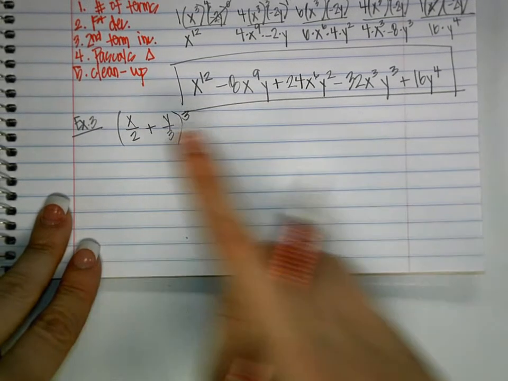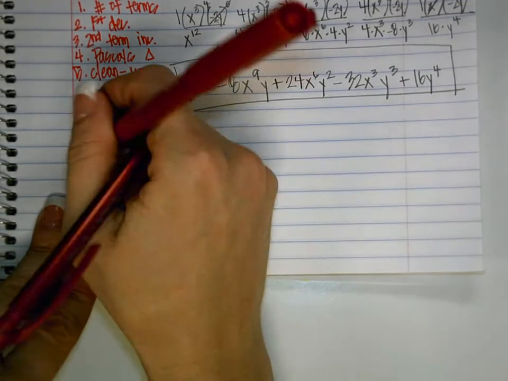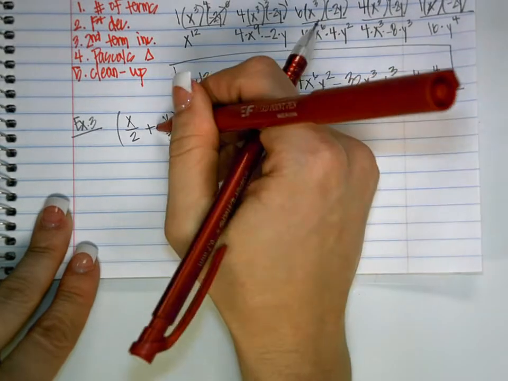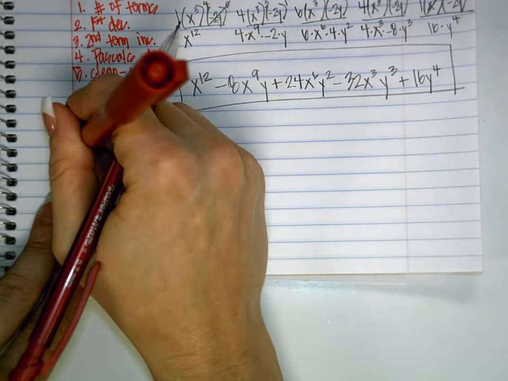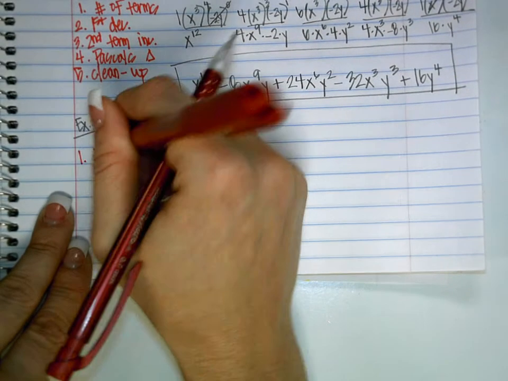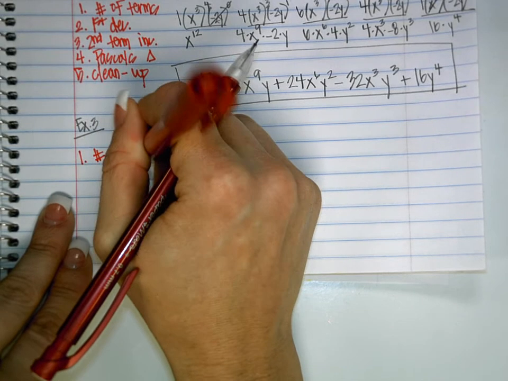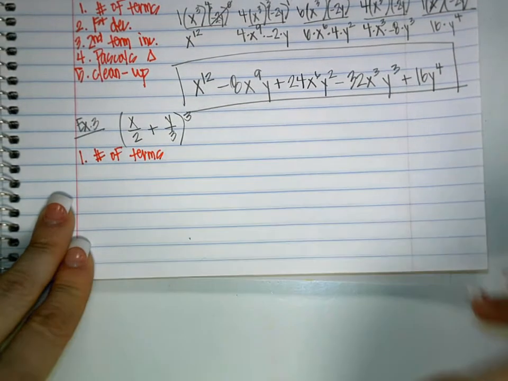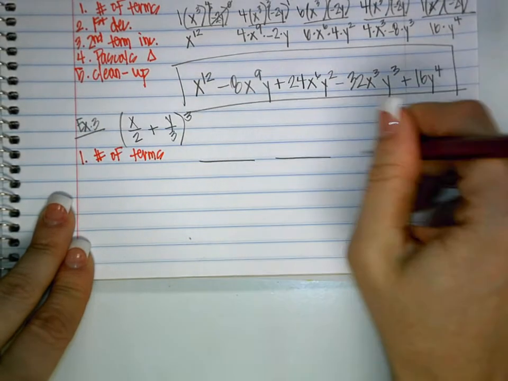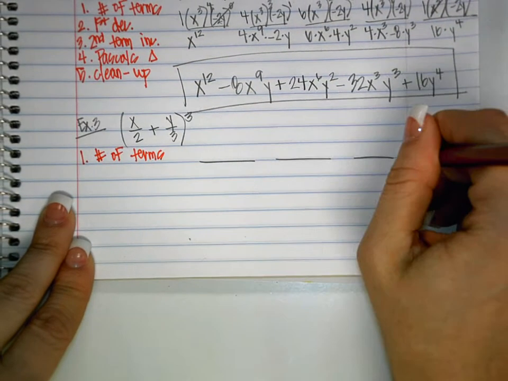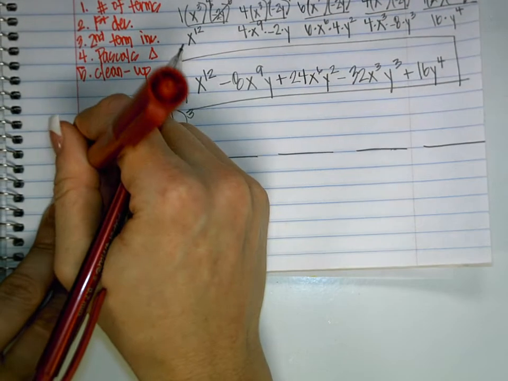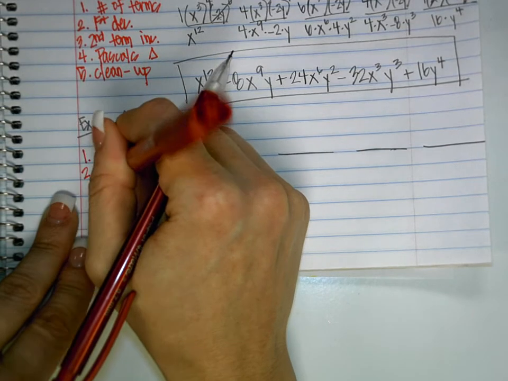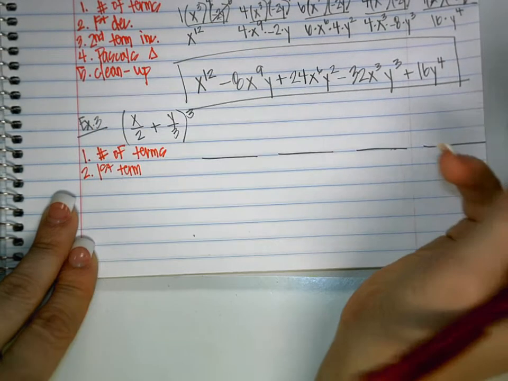So, first you want your number of terms. First make it positive. It already is. Then, number of terms. So how many terms will there be? 4 terms, okay? Cube means 4 terms. So 1, 2, 3, 4 terms. Then your first term is doing what? Increasing or decreasing in exponent value?